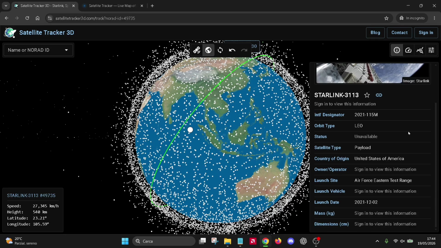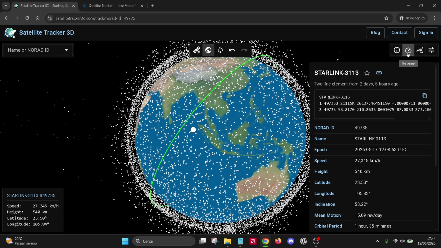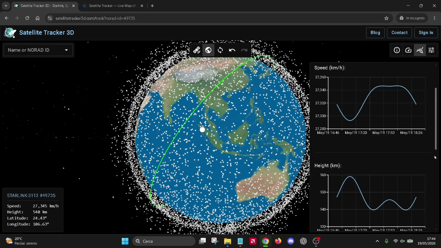One of the first things that becomes clear is that not all satellites occupy the same type of orbit. Different missions require different orbital configurations. Low Earth orbit, or LEO, extends from roughly 160 to 2,000 kilometers above the surface.